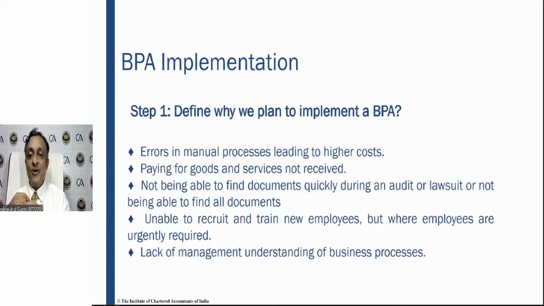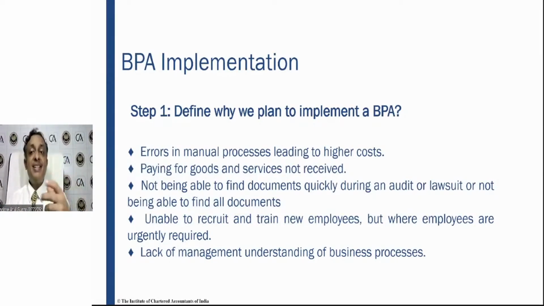Unable to recruit and train new employees where employees are urgently required. Yes, this is again important, because the availability is restricted. In fact, just because you are in the profession and going to learn about it, data analytics, artificial intelligence, these are growing fields. Blockchain, someone talked about. These are growing fields. The trouble is that you don't have people in these fields. So you need to bring new people into these fields.